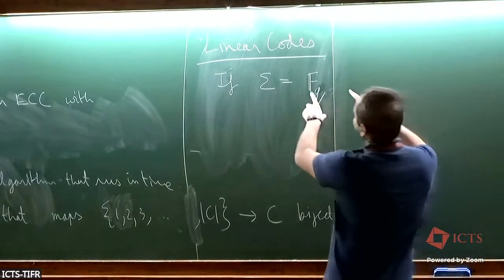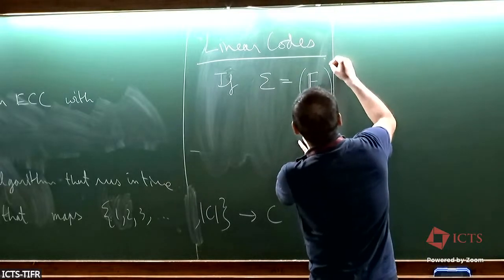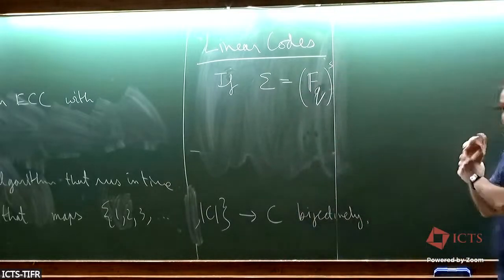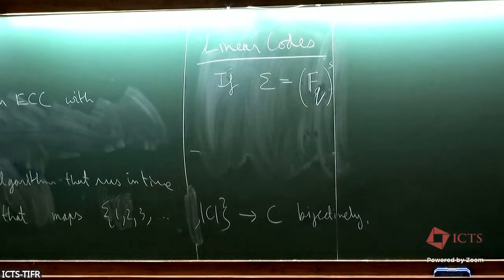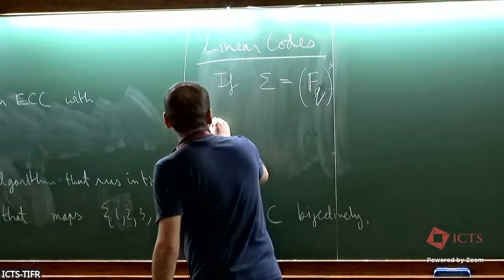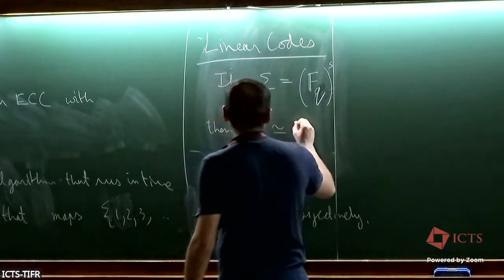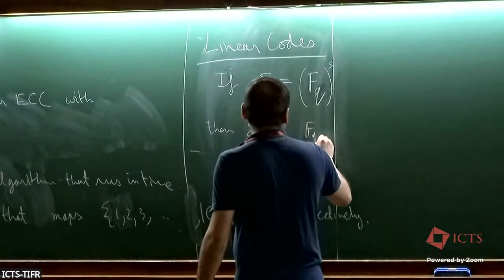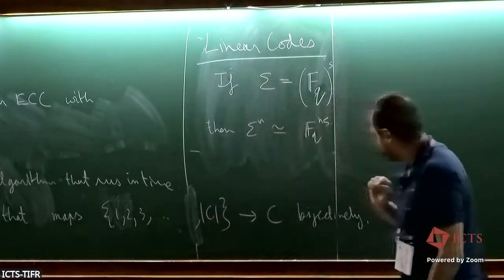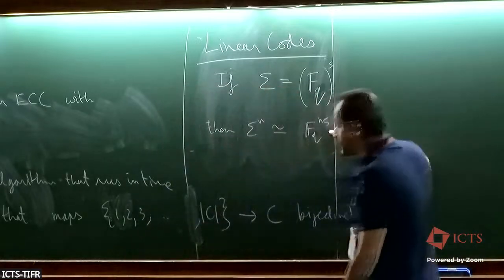Even more generally, and actually this is what's most popular these days, is FQ to the S. If sigma is of the form FQ to the S, then sigma to the N looks like FQ to the NS. And this is a vector space over FQ.